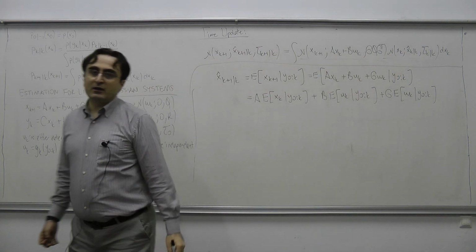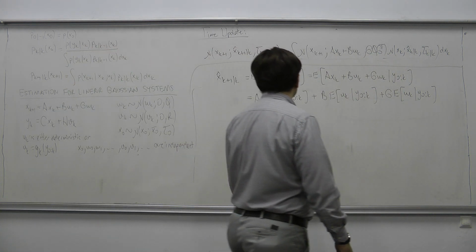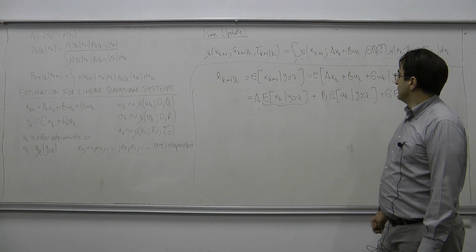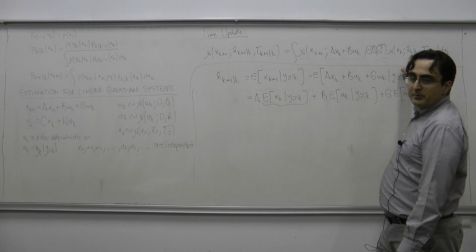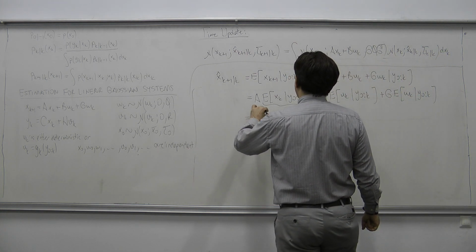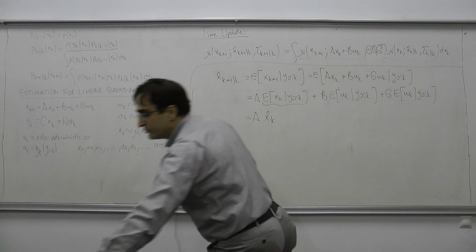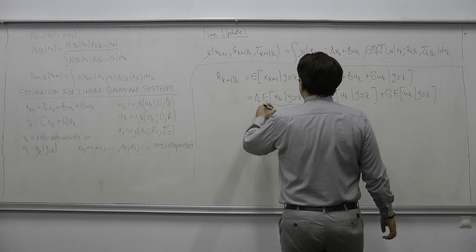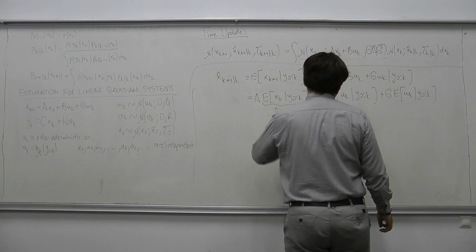Let us first handle the easier terms. I know what this quantity would be. I know that it is this mean here. So this is A x hat k given k.